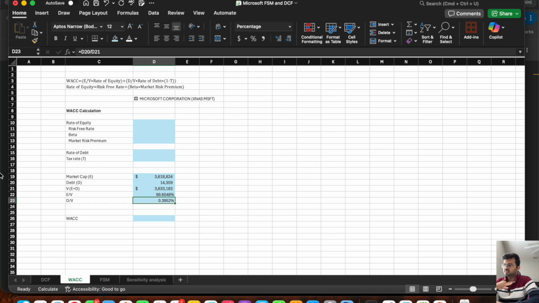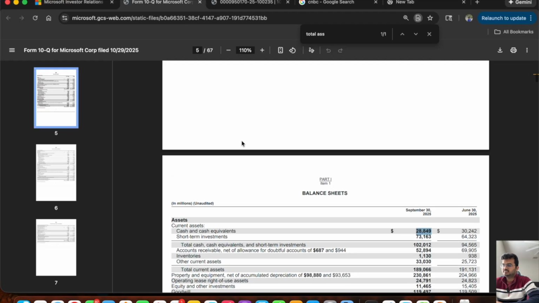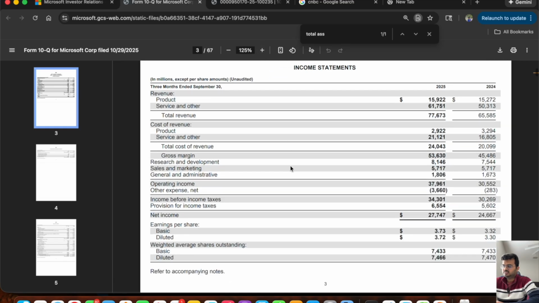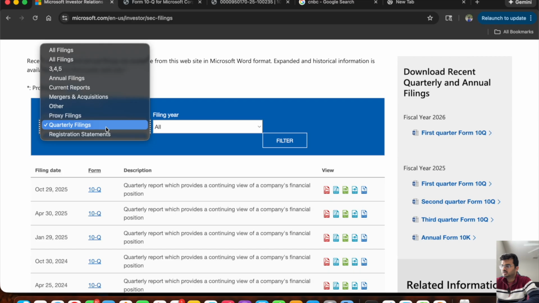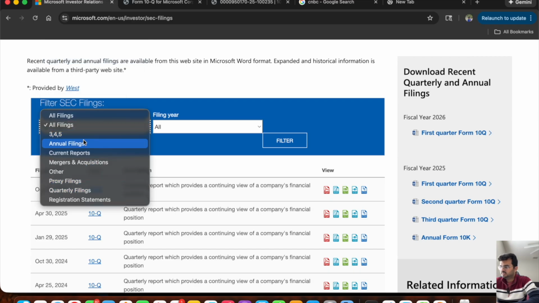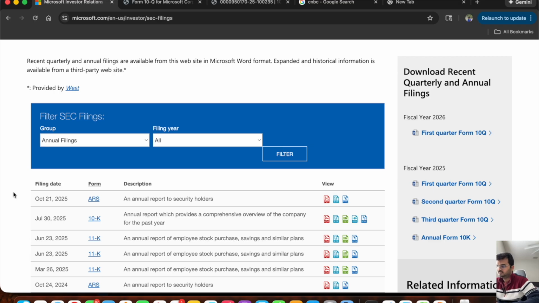So what I'll do is, I'll again come back to this 10Q report, go back and figure out the interest payment they have made. Other expense slash net. I think I need to go here and figure out this footnote. No, not this one. I will go to annual filings.